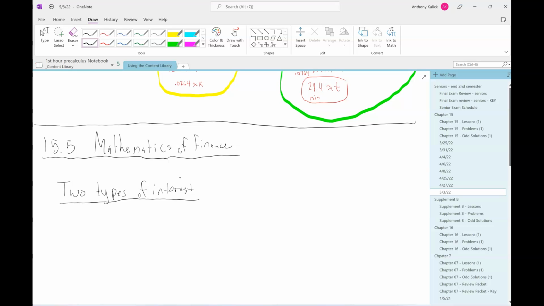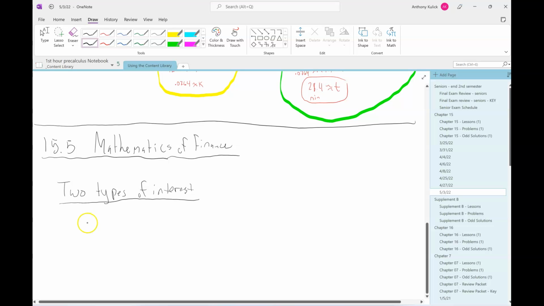So there are 2 types of interest that we'll talk about here. The first is simple interest.